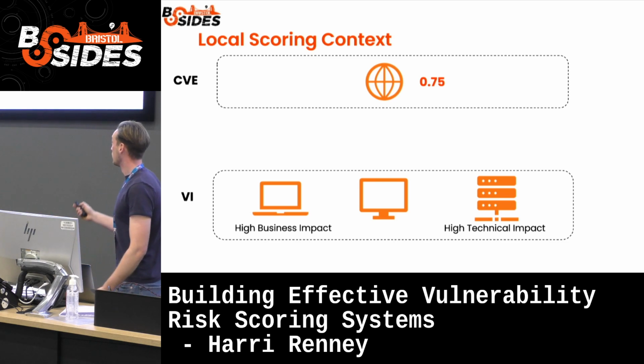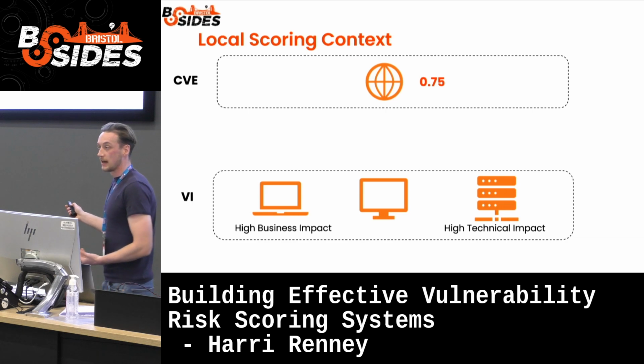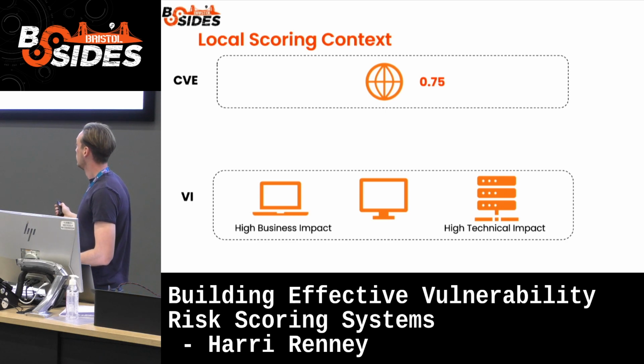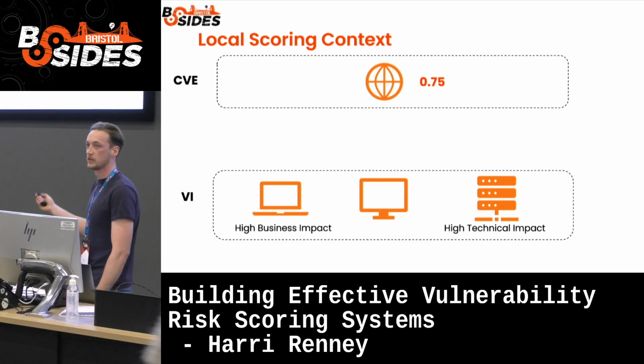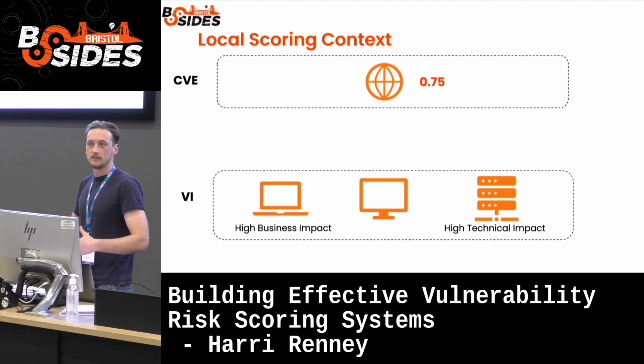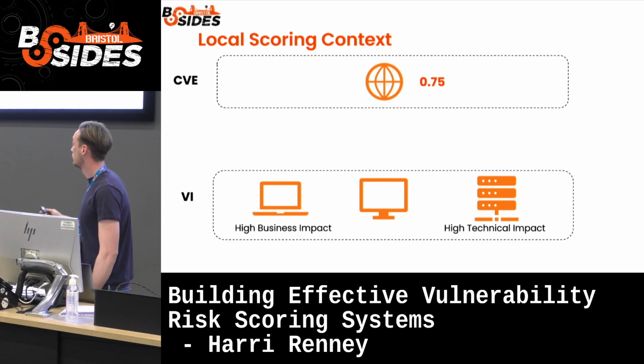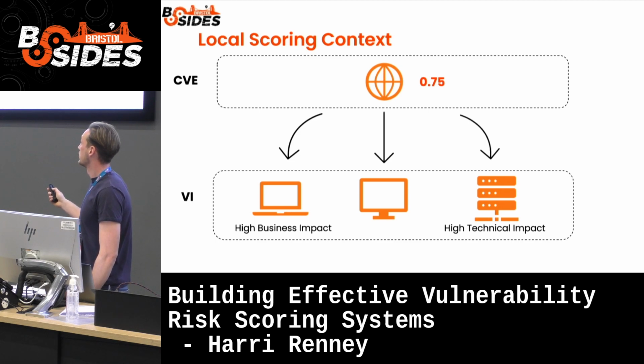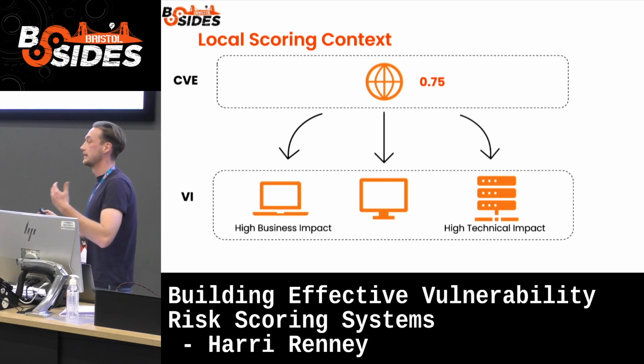Your servers might have a really high technical impact you want to allocate to it, but your CEO's business laptop is going to have a very high business impact. And the way I'm describing these, they're essentially values you'd assign to each device, kind of manually. So you want to feed this general risk score for vulnerability into a calculation for your vulnerability instances.